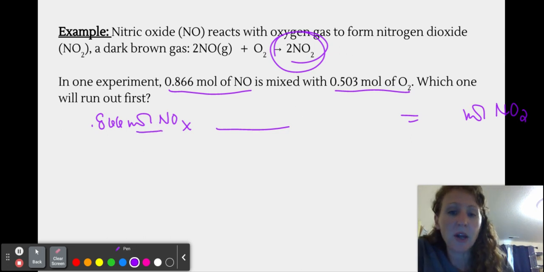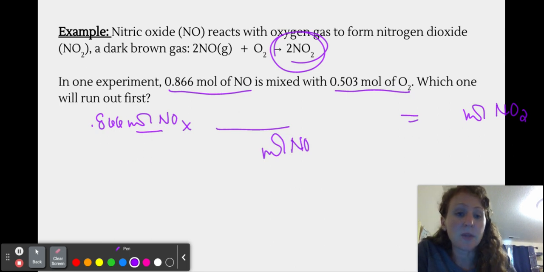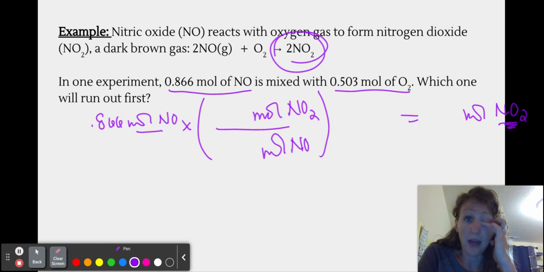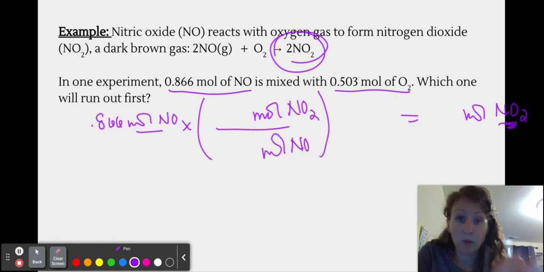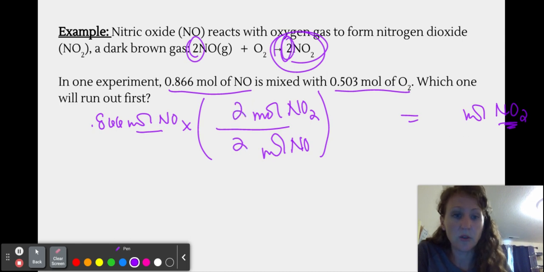Whatever unit's on top, I automatically put it on the bottom. And I'm going to go from NO into a different compound. So that means I need to go through the mole hole. And I get this relationship between these 2 things from the balanced equation. So I'm going to look at the coefficients here. 2 NO to 2 NO2.